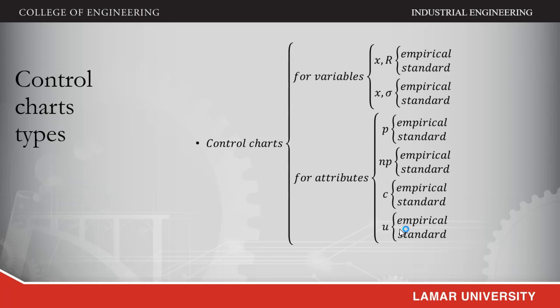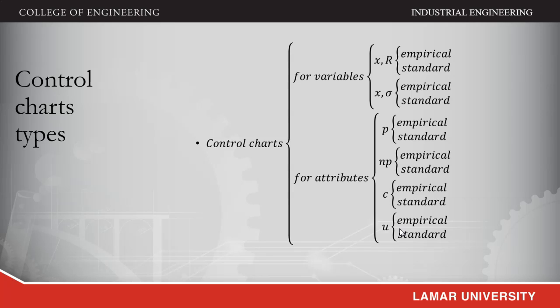And the type of charts you can use are a combination of the X bar and the range, in which the range is used to compute the limits of the X bar chart, and we also need to keep track of the R on its own to measure the variability.